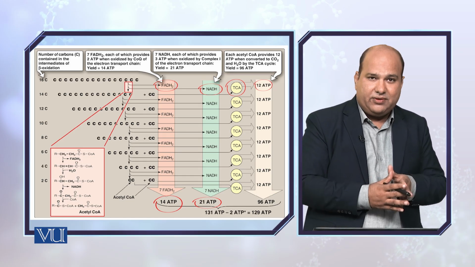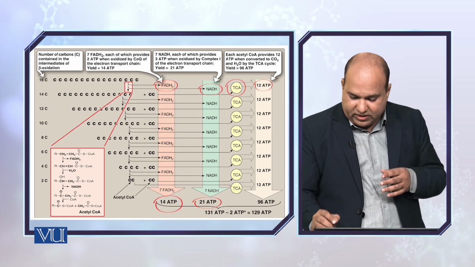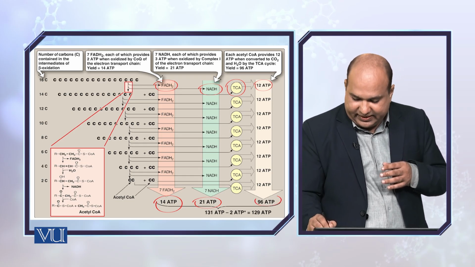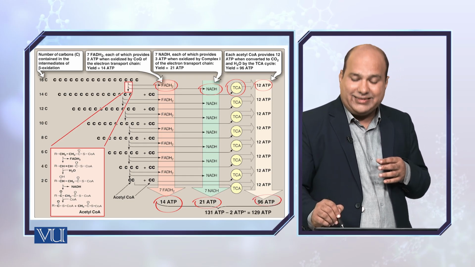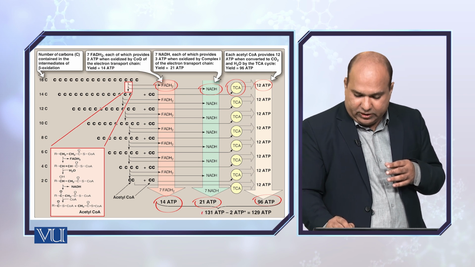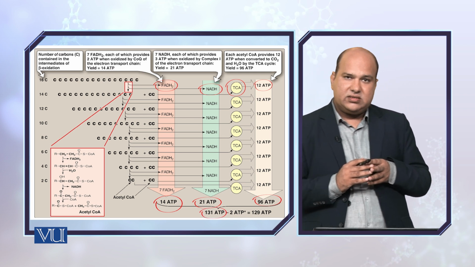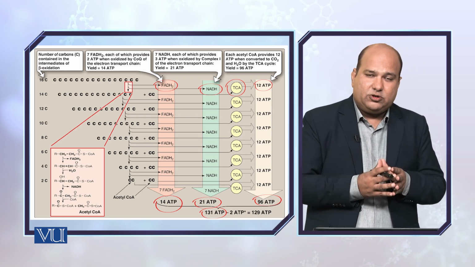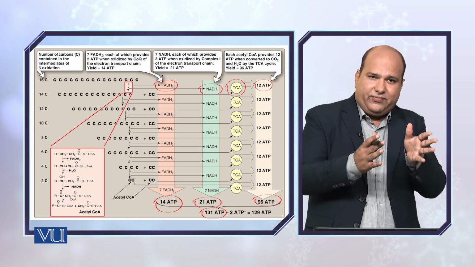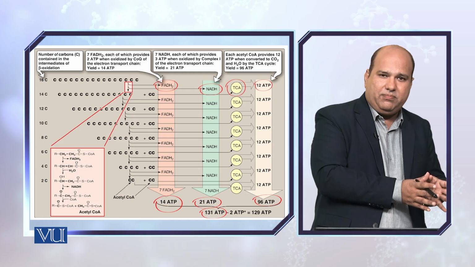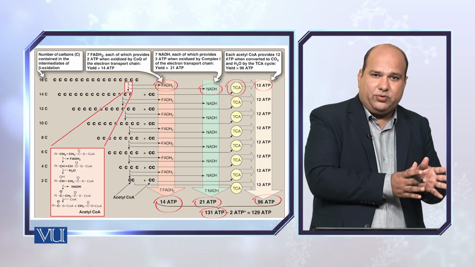This process of 4 steps is repeated 7 times, so you get 96 ATP from the TCA cycle also, and ultimately you end up with 131 ATP molecules from the degradation of a 16 carbon fatty acyl-CoA molecule.